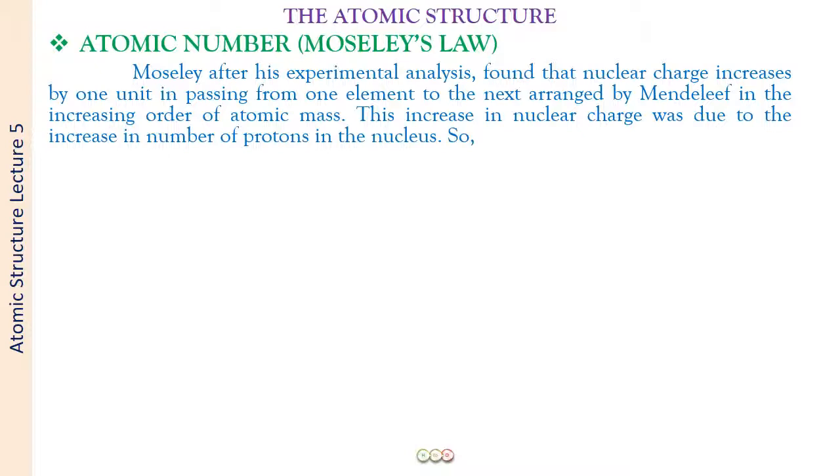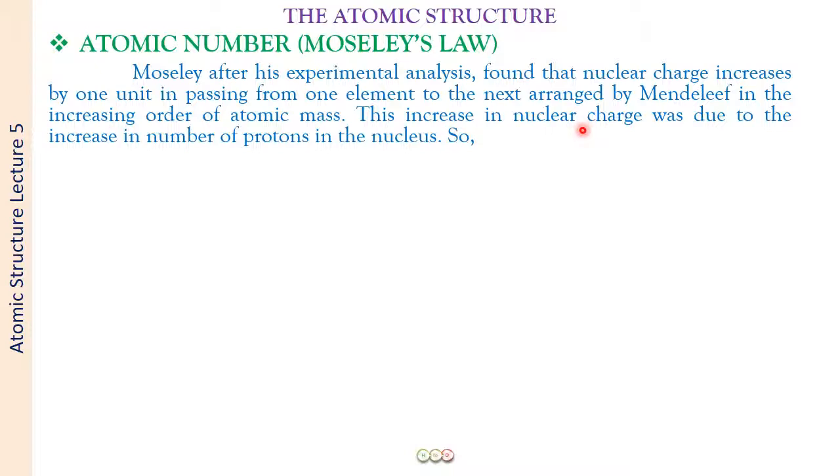Well, he arranged all the elements in increasing order of the atomic masses. Now, Moseley, after his experimental analysis, found that the nuclear charge increases by 1 unit in passing from one element to the next when the elements were arranged by Mendeleev in the increasing order of the atomic masses.